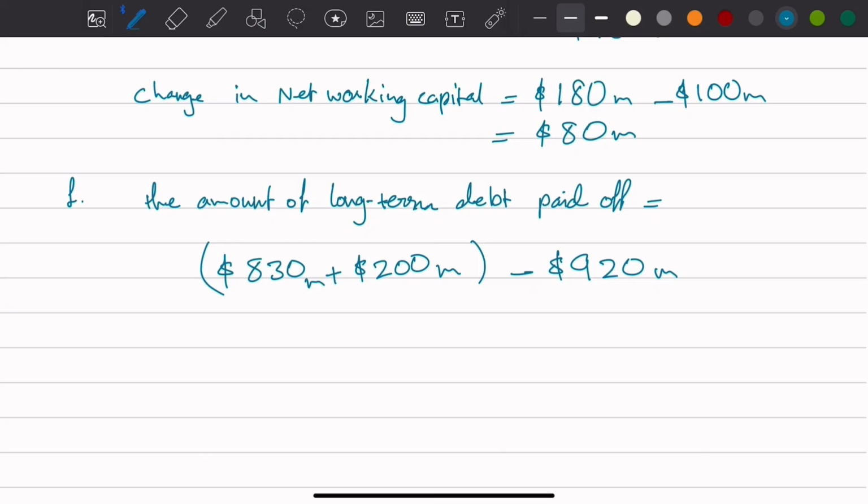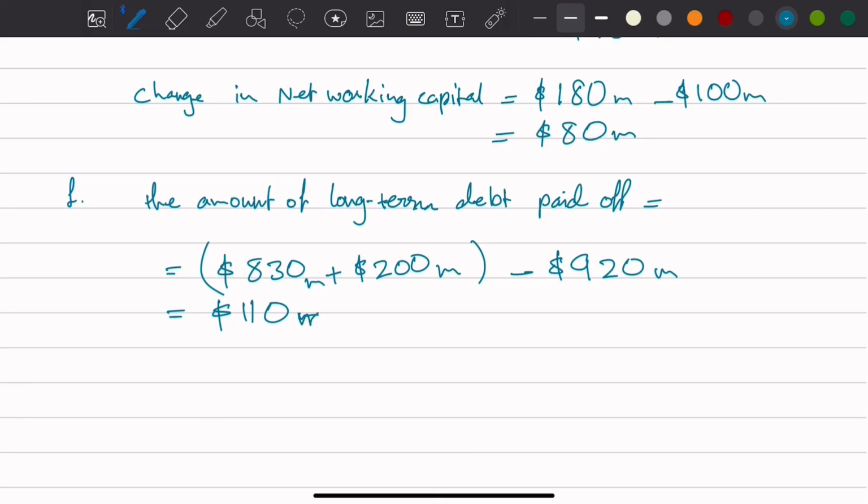So 830 plus 200, that's 1,030 minus 920, that's 110 million.